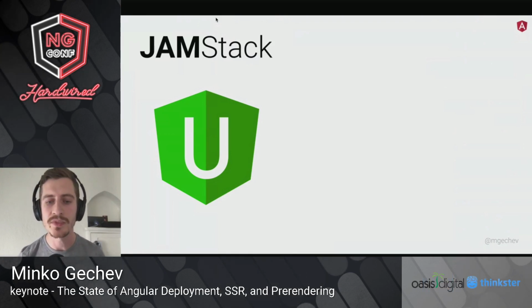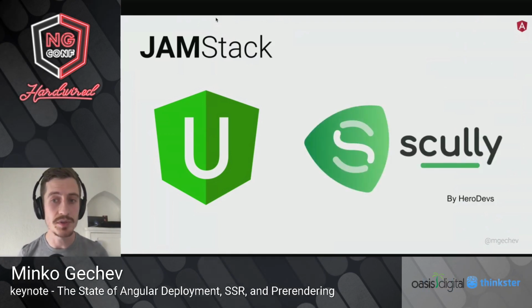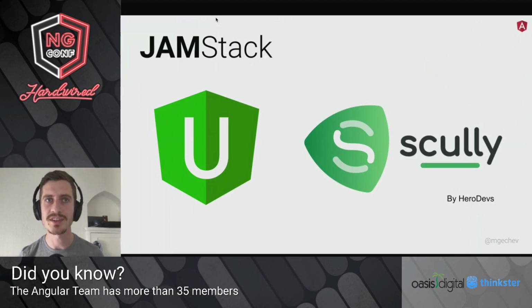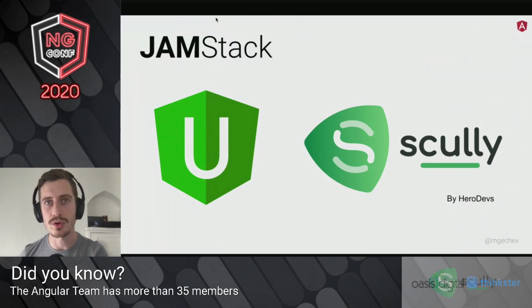There is also a fantastic community project by HeroDevs, Scully. This project is a full-fledged static site generator with a lot of plugins that allow you to get different information from different data sources. It uses a different pre-rendering mechanism compared to Angular Universal.